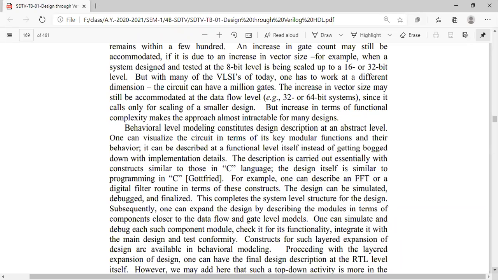Constructs means syntax, right? With the help of syntax, we describe the functionality of the FFT. So we can write the coding, and we can debug it and simulate it.